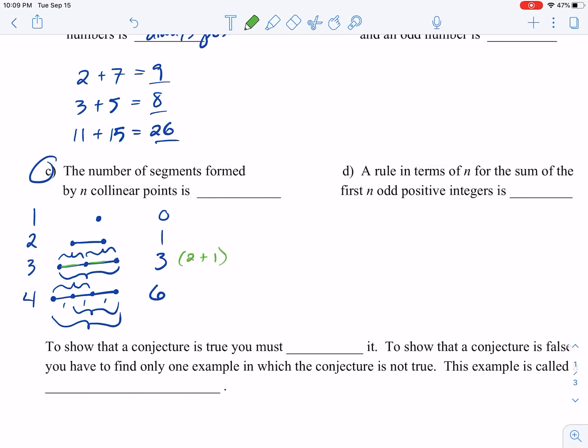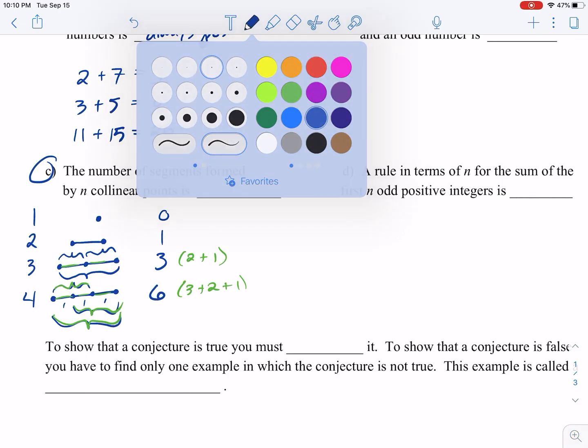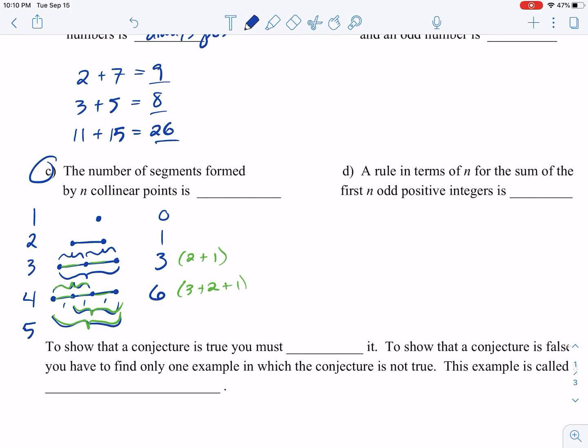Then for 4 collinear points, we had 1, 2, 3, plus these 2 larger segments, followed by the longest segment of them all. 2 plus 1, 3 plus 2 plus 1, and then maybe you can guess without drawing for 5 collinear points. Continuing this pattern, 4 plus 3 plus 2 plus 1 would be a total of 10 segments.